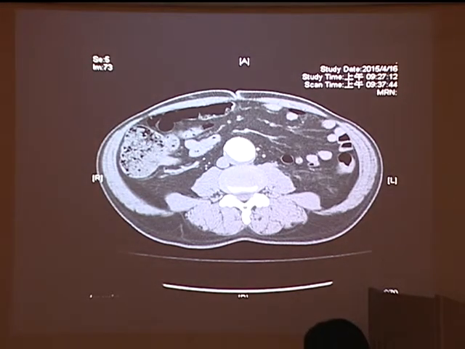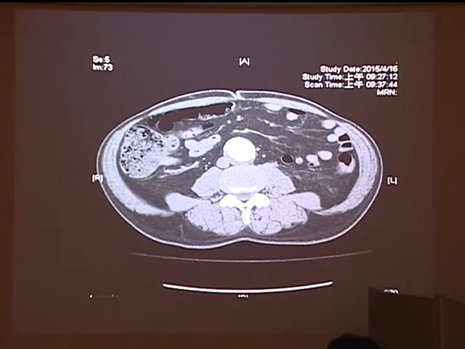But in this patient, you can see the aortic aneurysm, but the CT scan showed the aneurysm is not ruptured. So this time, his symptoms really came from his ureteral stone, because the CT scan showed left hydronephrosis. But how can you know next time?